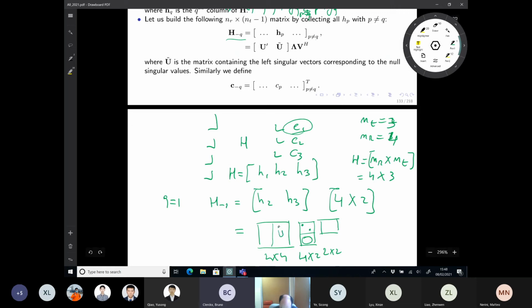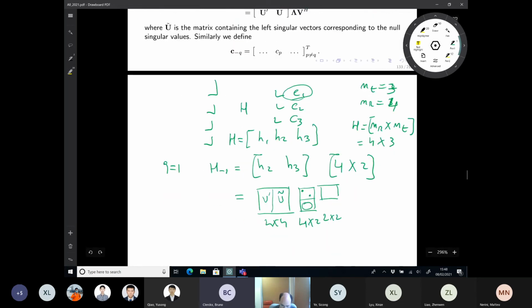So this is what I call U tilde here, and this one is U tilde and U dashed. So what do I have here? Those left singular vectors correspond to those 0 singular values.